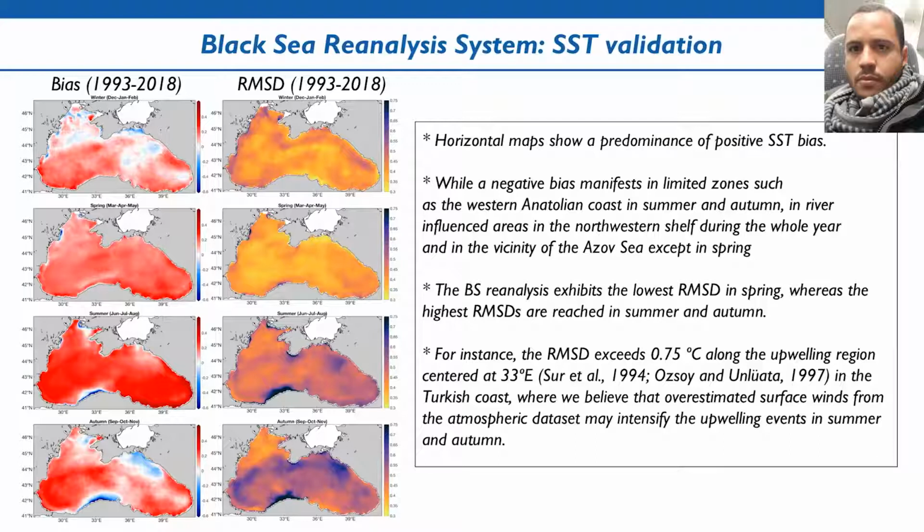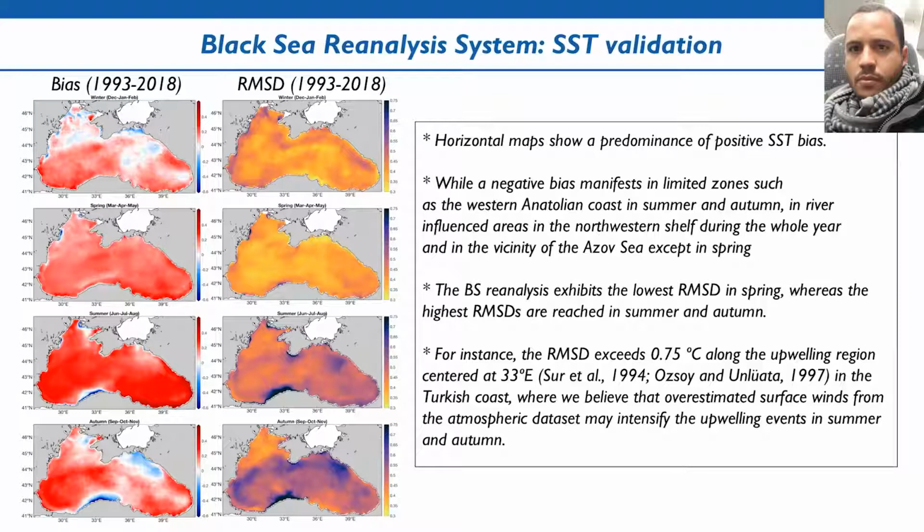For instance, this slide shows results of SST validation. On the left, horizontal maps show a predominance of positive SST bias. In addition, the Black Sea reanalysis presents the lowest root mean square deviation in spring, whereas the highest values are reached in summer and autumn.